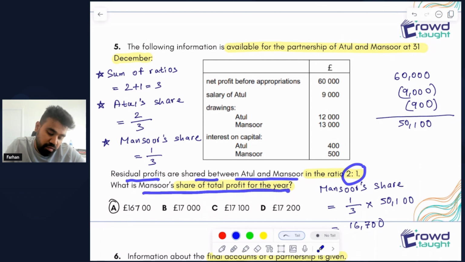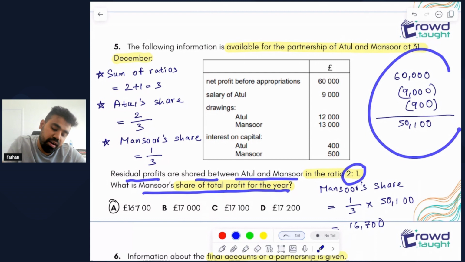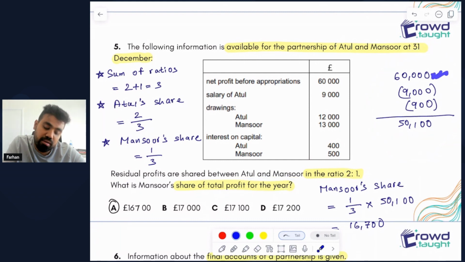The first thing that we have done on the right-hand side here is to create an outline for the appropriation account and to find the profit that we will be eventually distributing to the partners based on the ratio that we're given in this question. To begin with, we have taken £60,000 as the profit prior to appropriations. Then we have subtracted the salary of £9,000 based on what we have done so many times today.